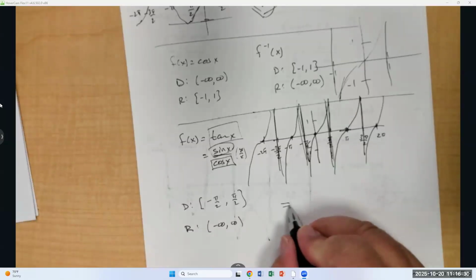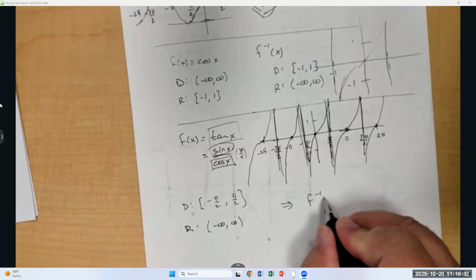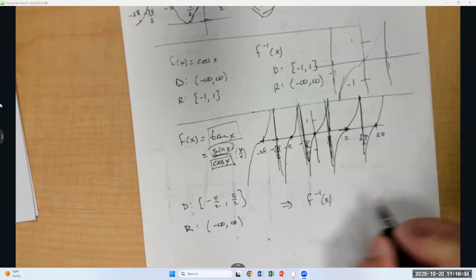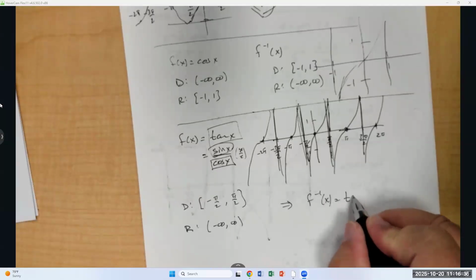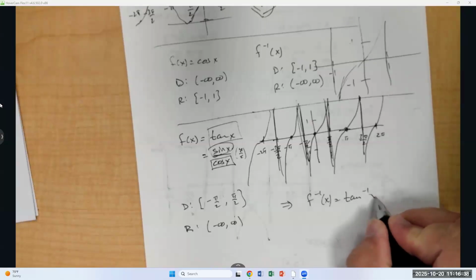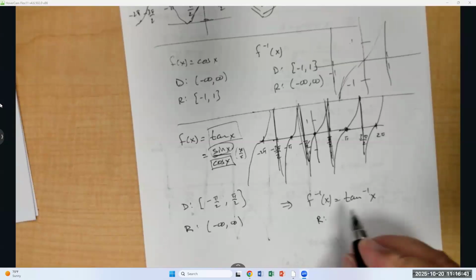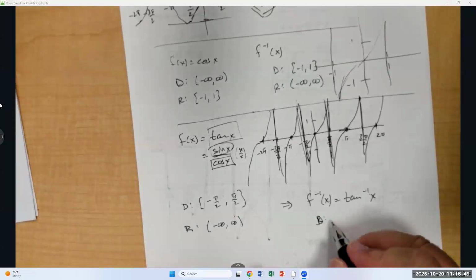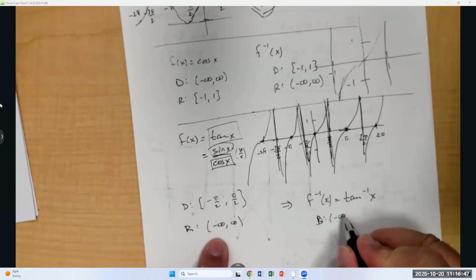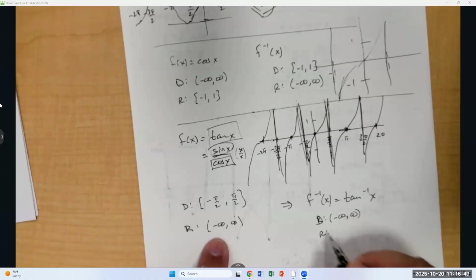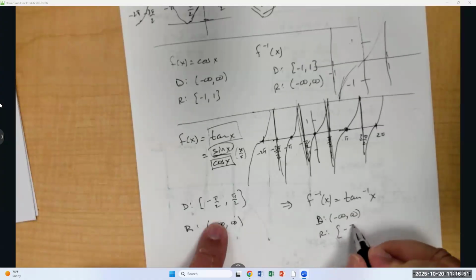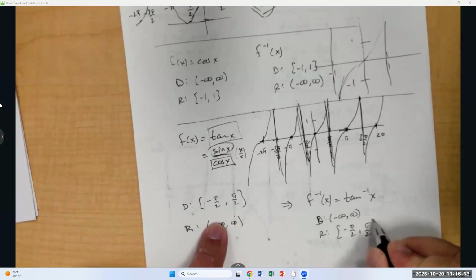So therefore, the inverse function of tangent: the range, actually the domain, is the x value. That one is from negative infinity to positive infinity, and the range is between negative pi over 2 and pi over 2.